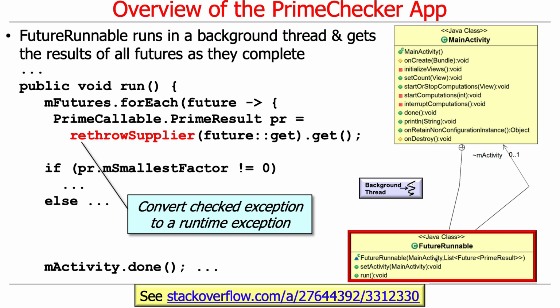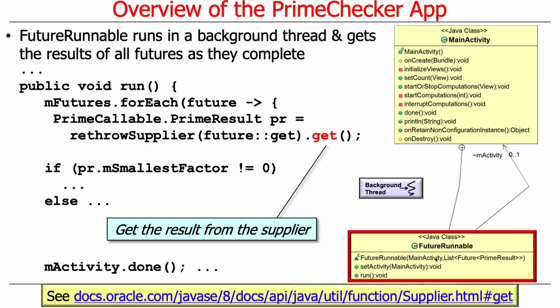This is a very clever little adapter method that converts something that takes a checked exception, future::get uses checked exceptions, which are the root of all evil in Java 8 programming and beyond, and it converts it through something called exception laundering into a runtime exception. So our code gets cleaner. We don't have to put try-catch blocks here. And so what that'll do is go ahead and get this back as a supplier, and then we can simply get the result.